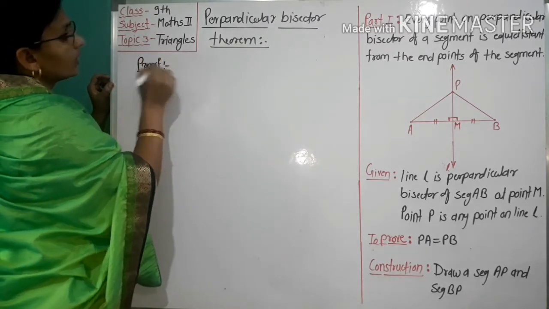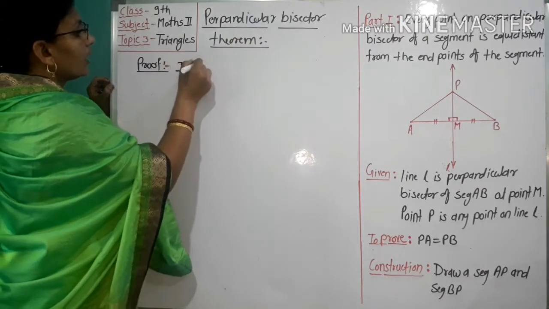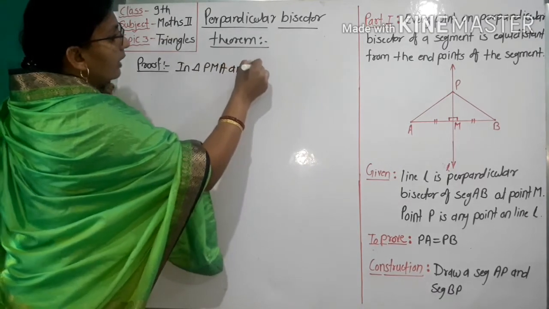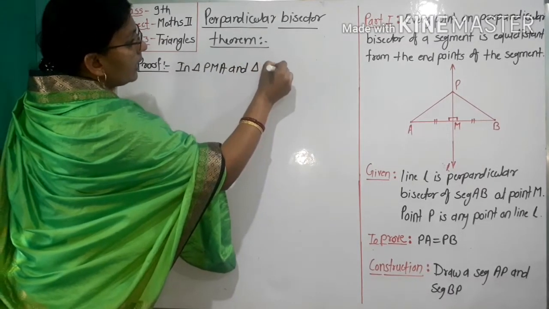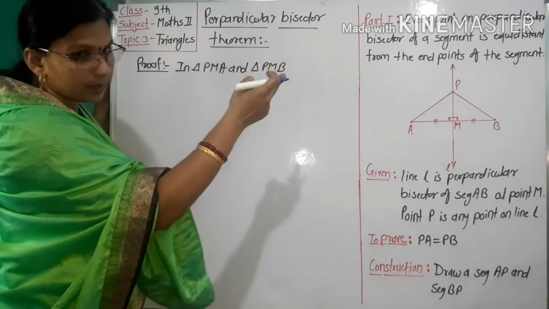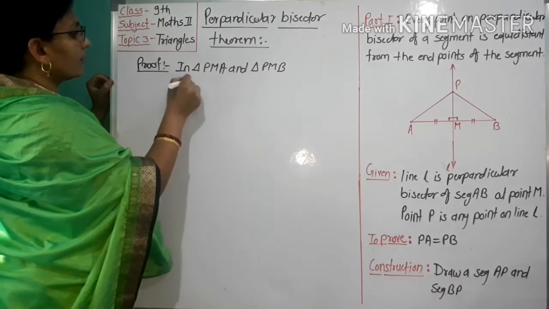Proof. Observe, in triangle PMA and triangle PMB, segment PM is congruent to segment PM.